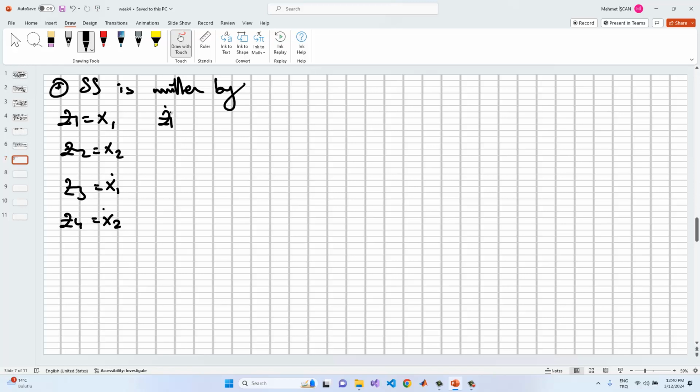And so Z1 dot is equal to Z3, and Z2 dot is equal to Z4.